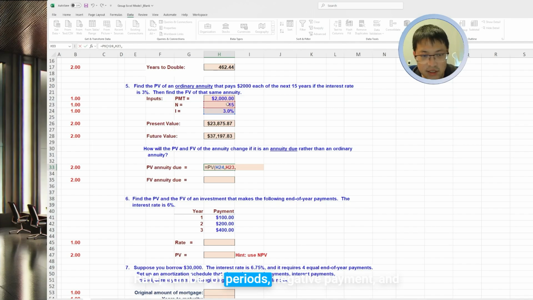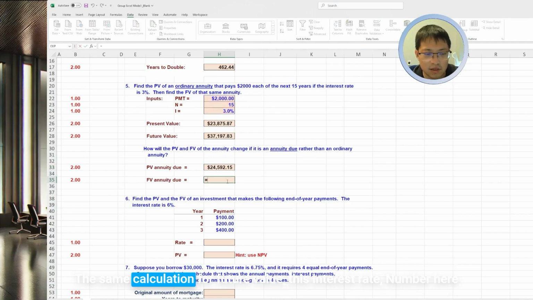The rate, the number of periods, negative payment, future value, and then the type. We can put a 1 or 0. Zero means the payment is at the end of the period, and 1 means the beginning. This is the annuity due, so we're going to have beginning, which is 1. That's the only difference between this one and the previous present value.